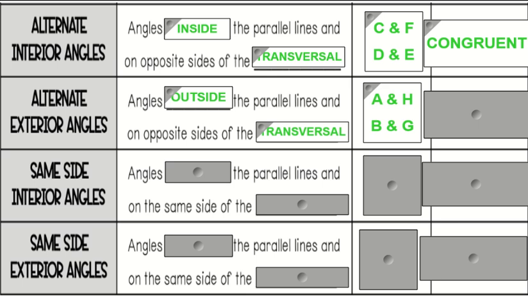So they use A and H or B and G. I won't flip back for this one, but you can see on your picture how that works. They're on the outsides of the parallel lines and left and right of the transversal. Are those different or the same then? So if I've got A and H, are those both big angles or little angles? They're both big. That means they're going to be congruent. They're going to be the same.